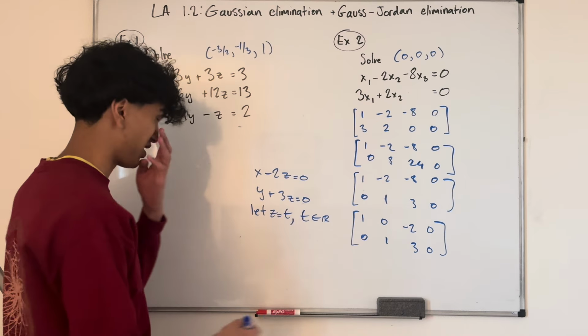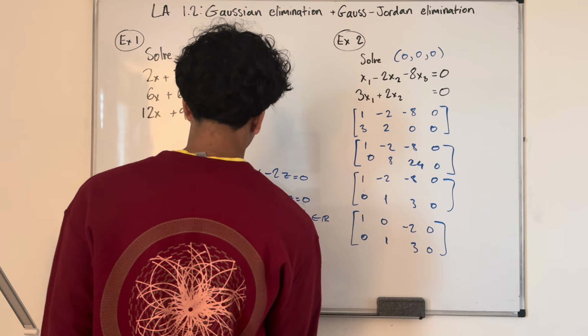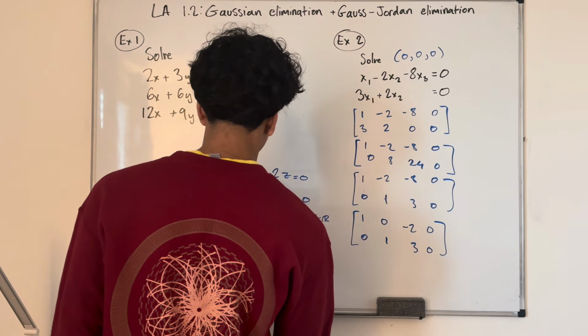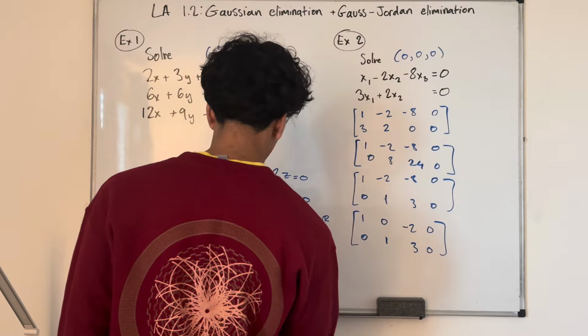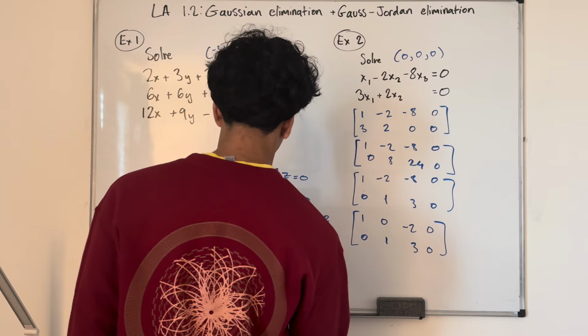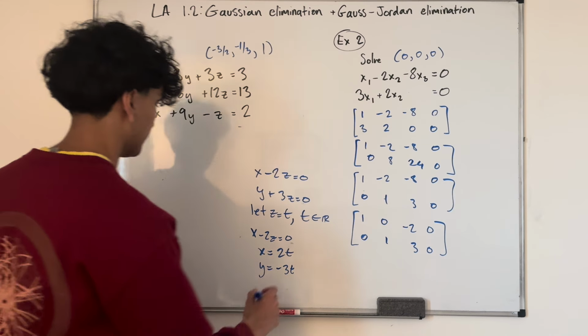Just say all real numbers. So x minus 2z equals 0, x equals 2z, or 2t, y equals negative 3t, when I move the 3z over, and z equals t.